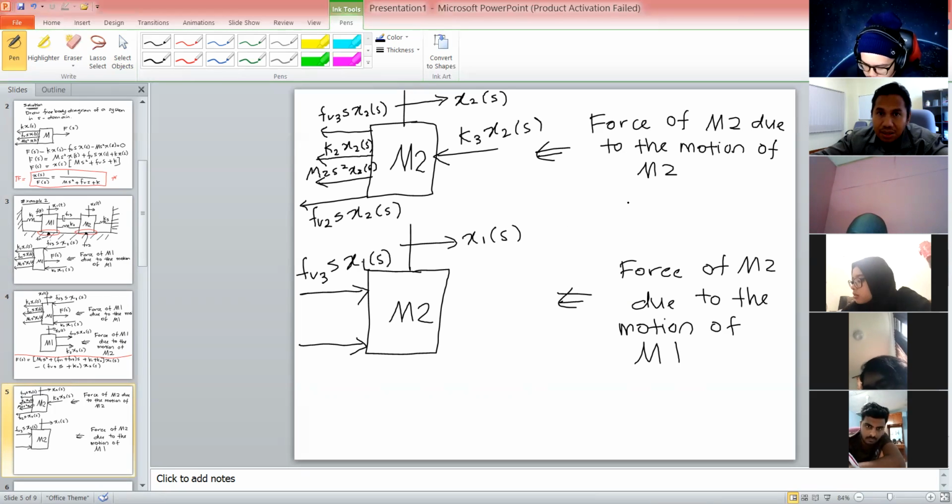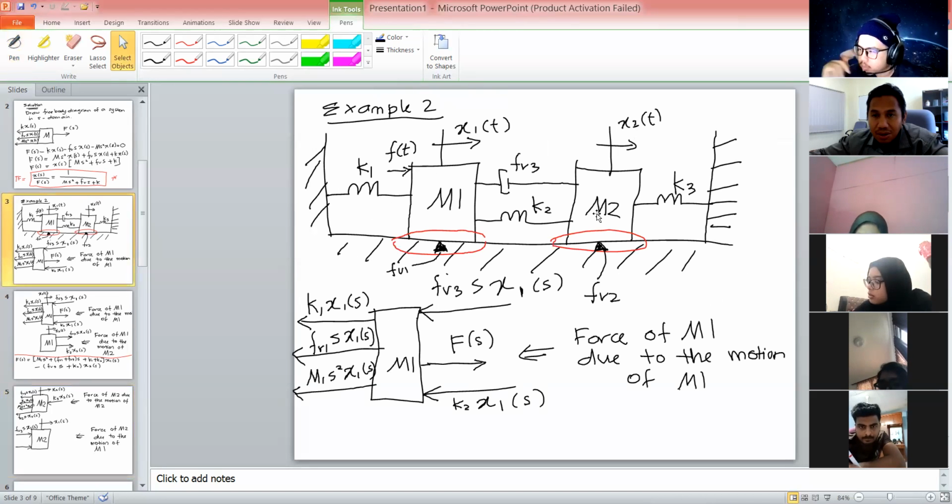The force of M2 due to the motion of M2 is S2, but for the force of M2 due to the motion of M1, we need to find the direction of S1.